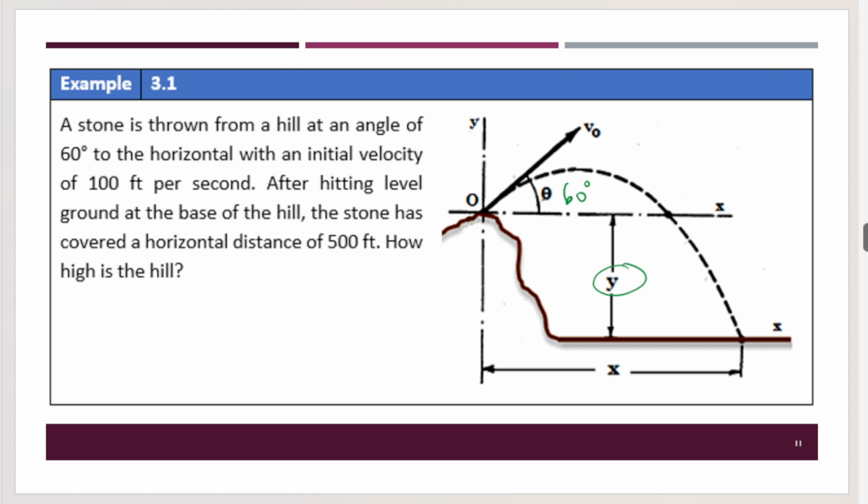And for us to solve that, kailangan natin munang tignan yung mga given or possible na given. So, we have here that the theta is 60 degrees. Ano pa binigay sa atin? Meron tayong given na 500 feet daw yung distance kung saan babagsak yung ating ball or stone rather. Binigyan tayo ng x distance na 500 feet. Binigyan din tayo ng velocity.